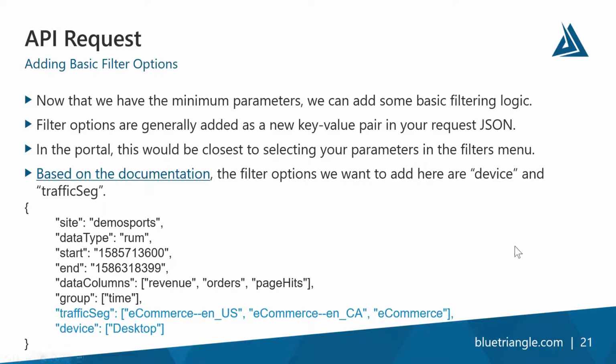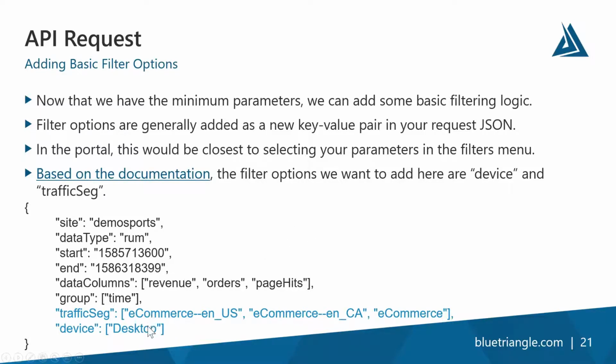Now that we have the minimum parameters, we can talk about the filtering. The filter options are typically key value pairs, where when there's more than one, it will be an array. This would be similar in the portal to selecting the various filters in the filters menu. Based on the documentation, what we're going to want to add is traffic segment, which is traffic seg here, and device.